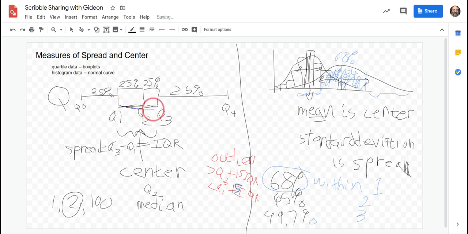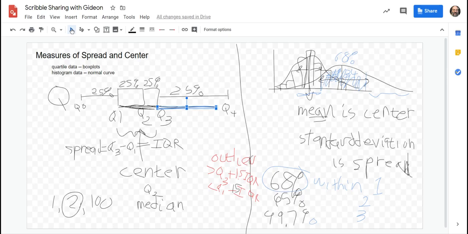So just eyeballing it here, the outlier is that wide. 1.5 of them is probably, I don't know, about that wide. And then I'd have to transfer that distance over, like, okay, let me go to Q3. And this is all rough.